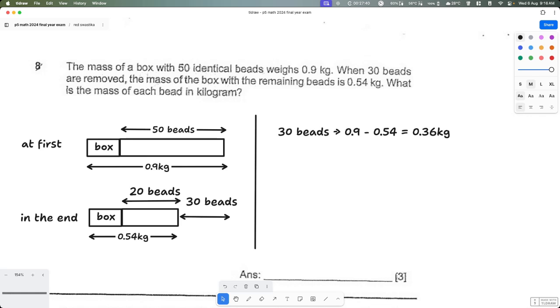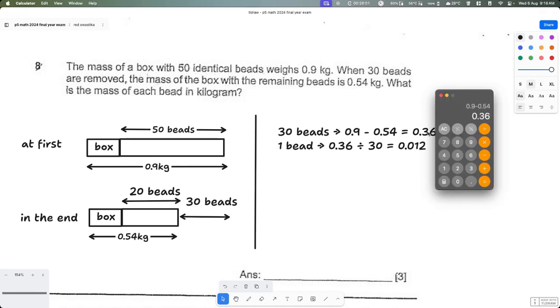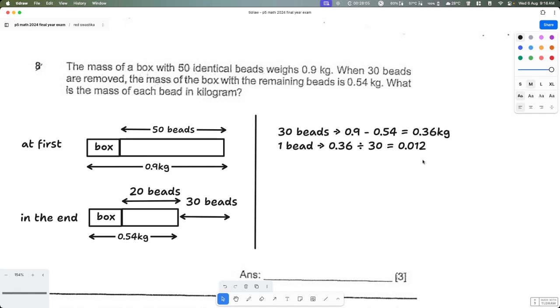What is the mass of each bead? So one bead is equal to 0.36 divided by 30. This should be equal to 0.012. So divided by 30, 0.012 kilograms.